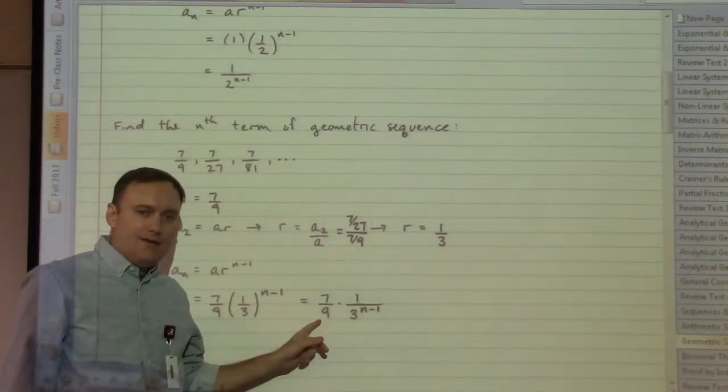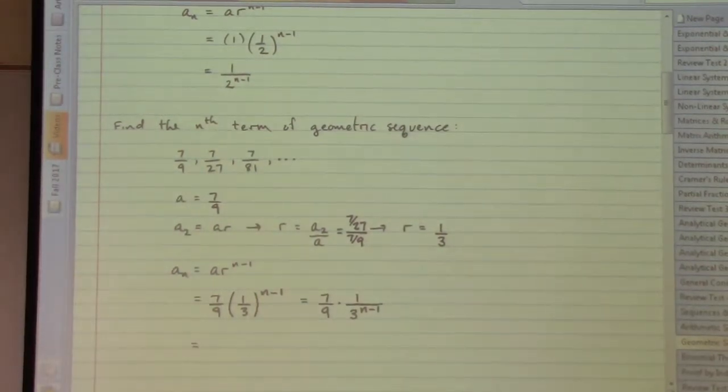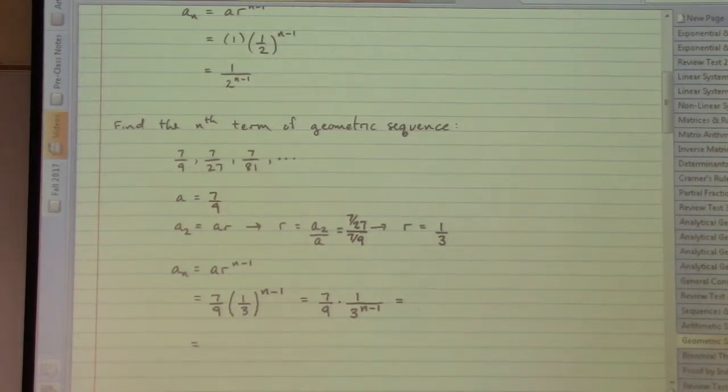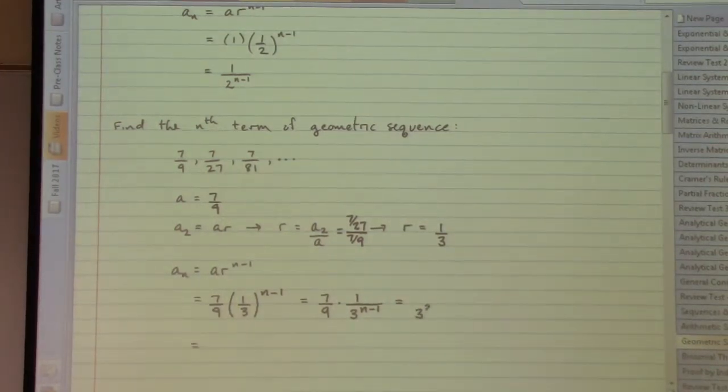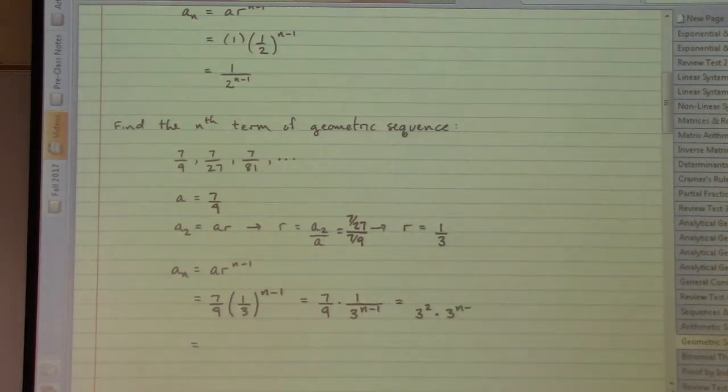But 9 can be written as 3 squared. So let's do a little tinkering here. 3 squared. Let's also go ahead and multiply across in the denominator and in the numerator. And then again, using our rules for powers, let's go ahead and write in that extra step just as a little reminder.